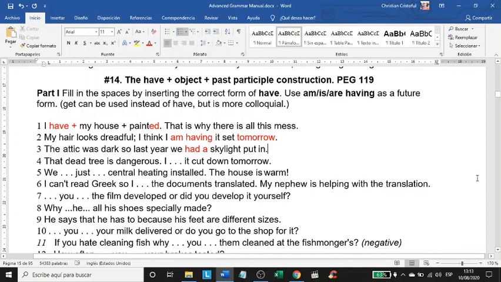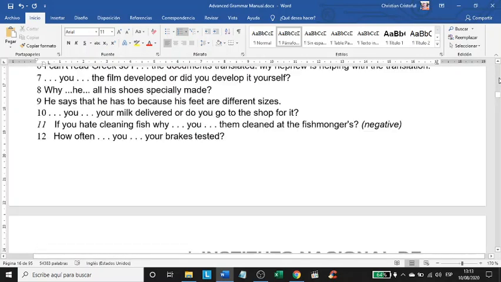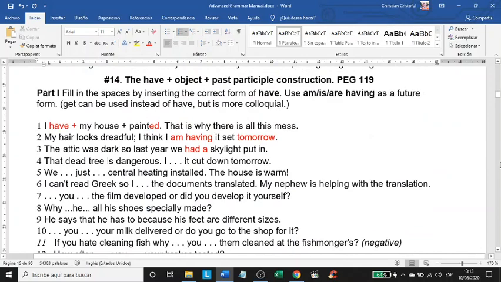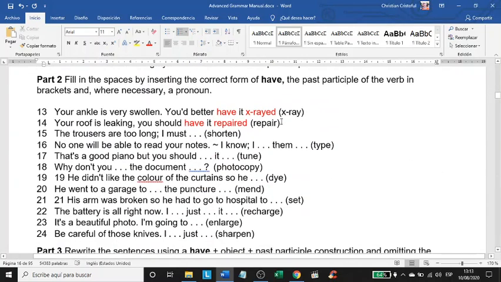And then exercise 15. No. Exercise 14 has three parts. This is part 1. This is part 2. Fill in the spaces by inserting the correct form of have, the past participle of the verb in brackets, and where necessary a pronoun.